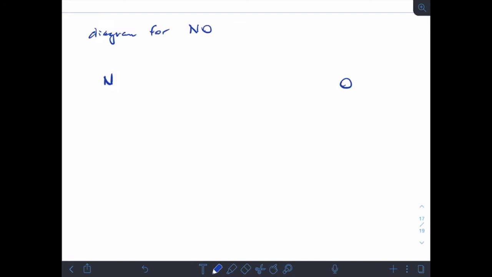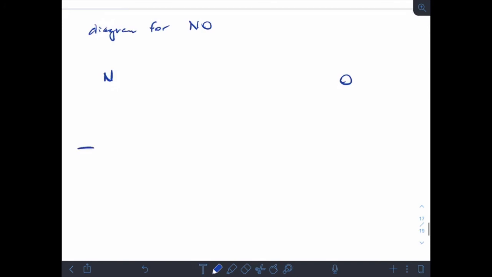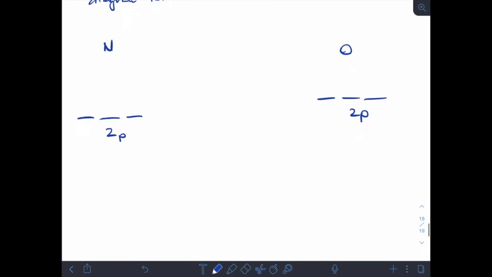Right? So my 2p for the nitrogen is sitting there, and then my 2p for the oxygen is going to be slightly higher in energy because it's got more stuff in it. Right? And then down here we have our 2s, and probably about the same energy is the 2s for the oxygen.